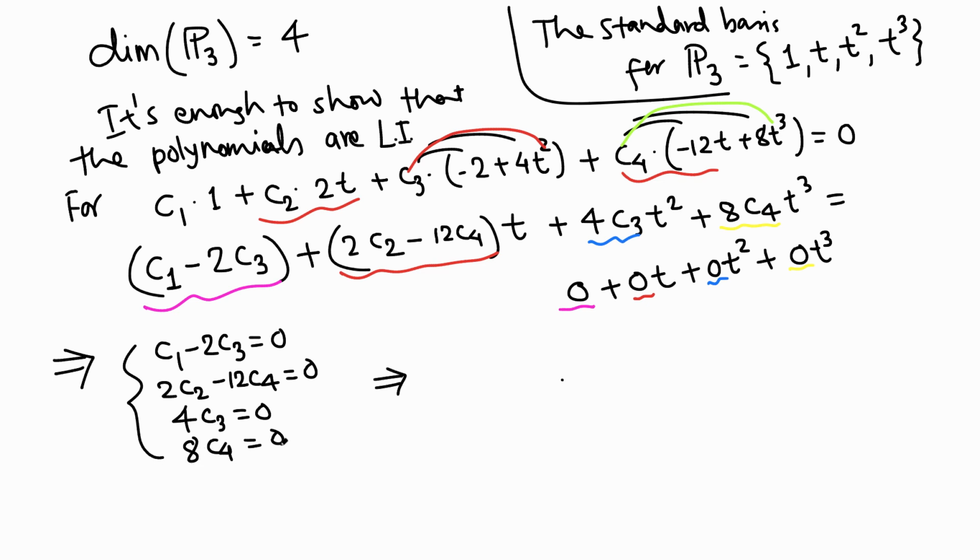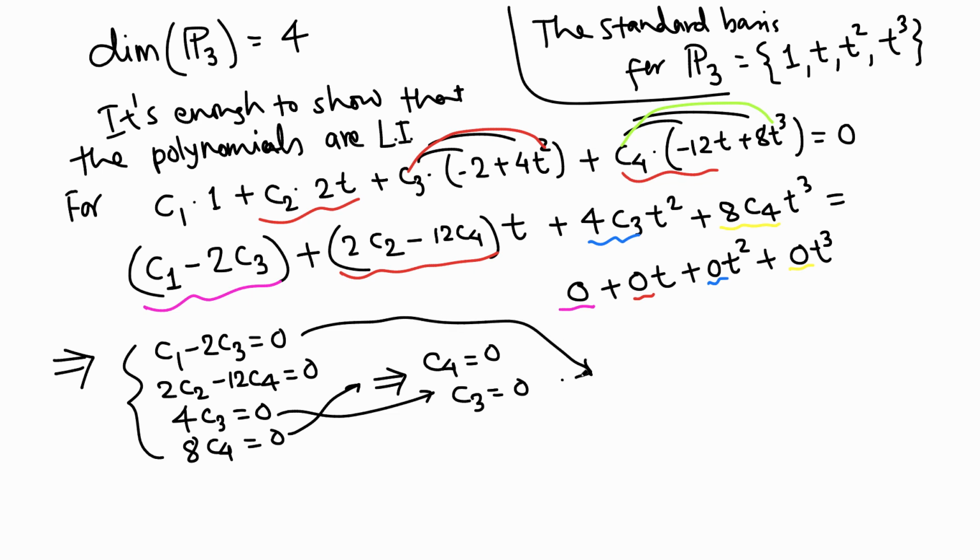Now let's solve from the backward. 8 times c4 equals 0, so dividing by 8 we get c4 equals 0. From 4c3 equals 0, c3 is 0. Now when c3 is 0, then c1 is 0.